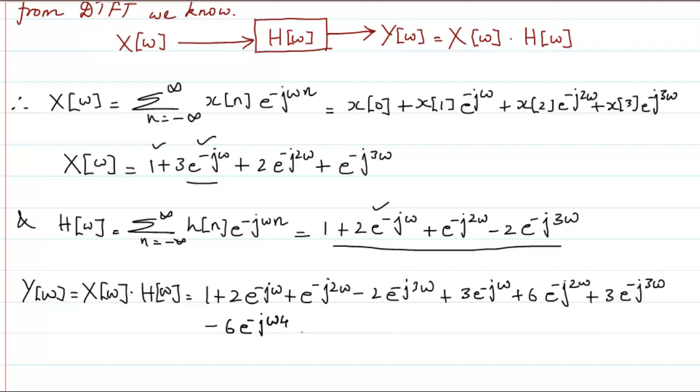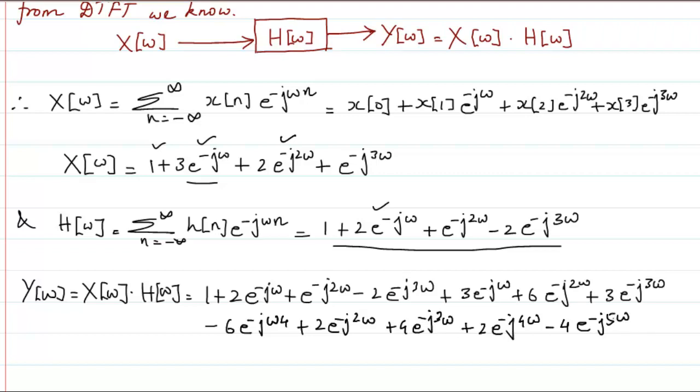The next one is with 2, so plus 2 e raised to power minus j 2 omega, then plus 4 e raised to power minus j 3 omega, plus 2 e raised to power minus j 4 omega. The last one is minus 4 e raised to power minus j 5 omega.